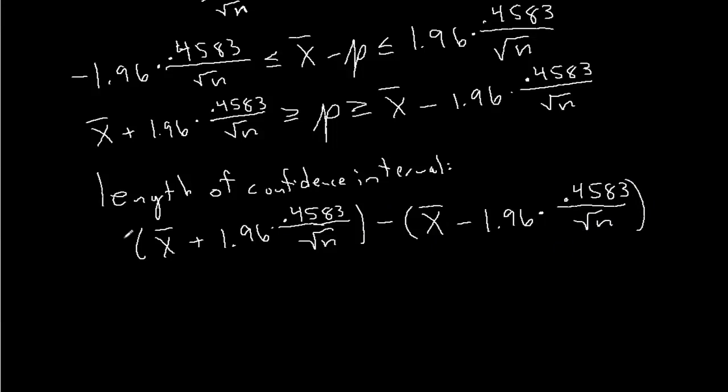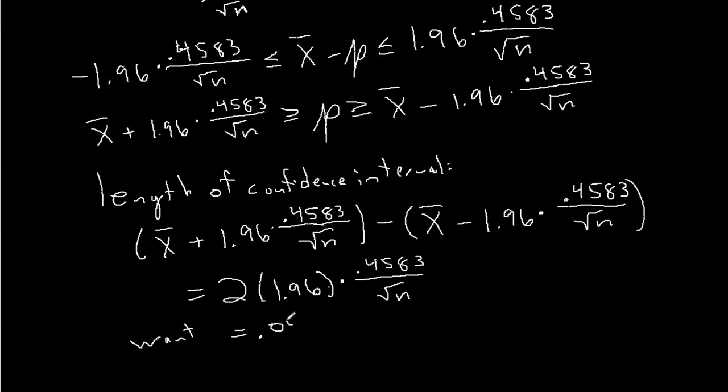The x bars end up canceling, and I got a minus, so that gives me a plus, and I end up with 2 times 1.96 times 0.4583 over square root of n. And we want this equal to 0.05.